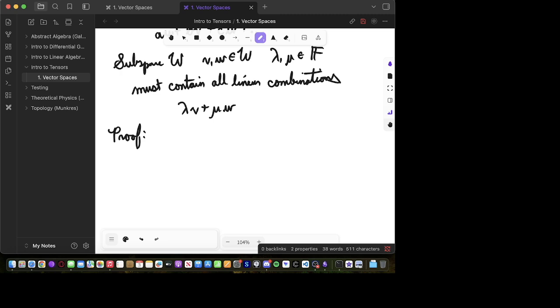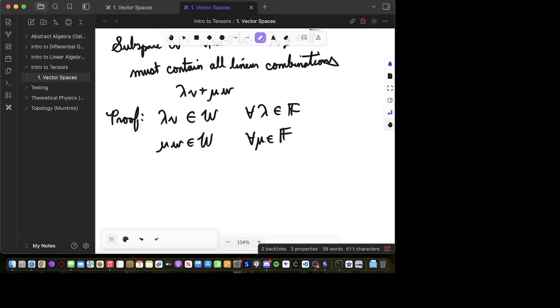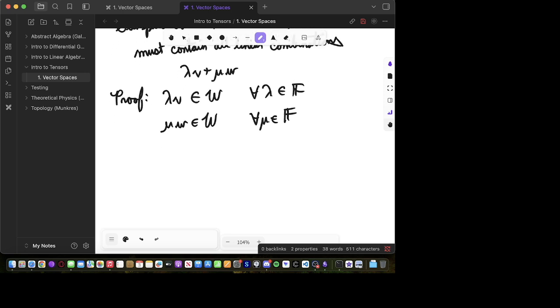So we know from our previous remark that lambda V must be in W for all lambda in F. Similarly, we must have that mu times W must be in subspace W for all mu in F. Now note that both lambda V and mu W are in W. Therefore, the sum of those two vectors must also be in W as well.